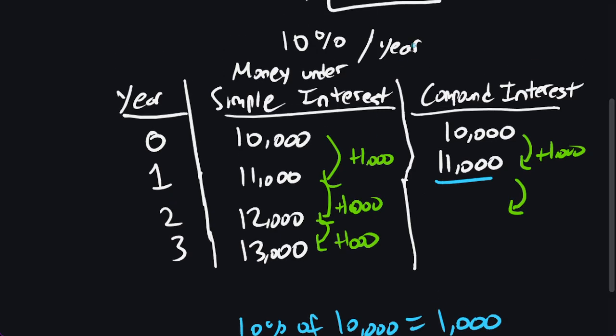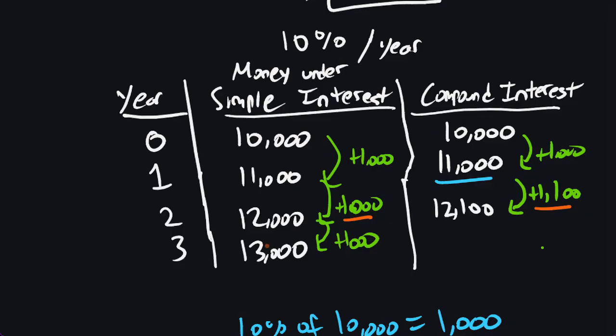So instead of going up by 1,000 in year 2, you're going to go up more, by 1,100. Let me just change the color. So in year 2, you'll have 12,100.